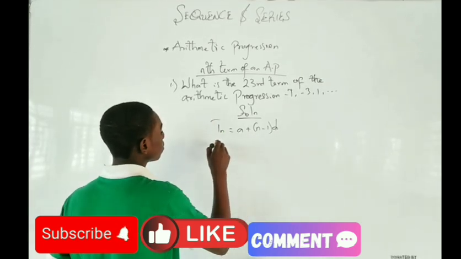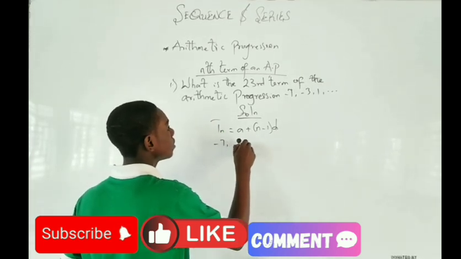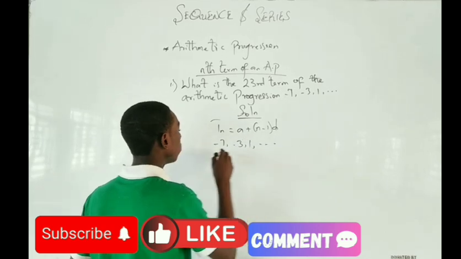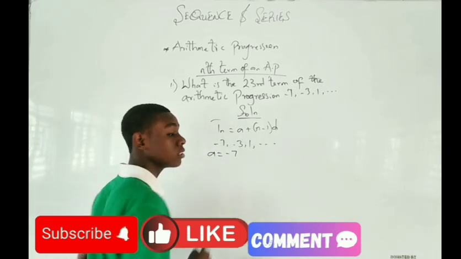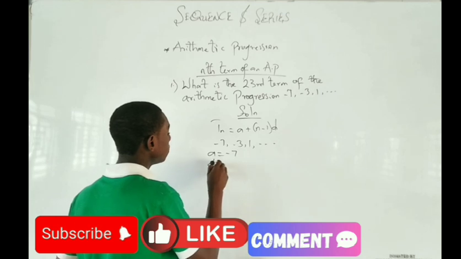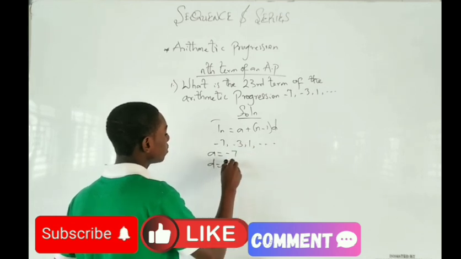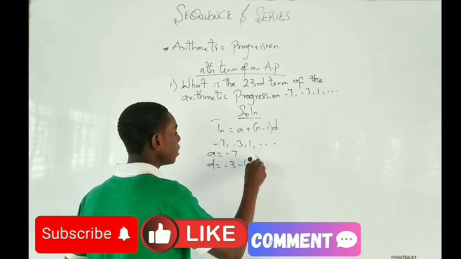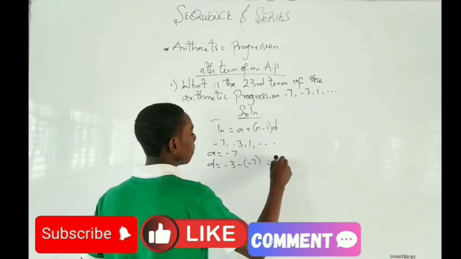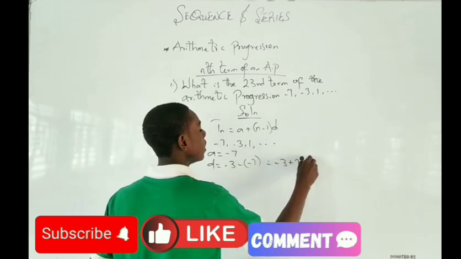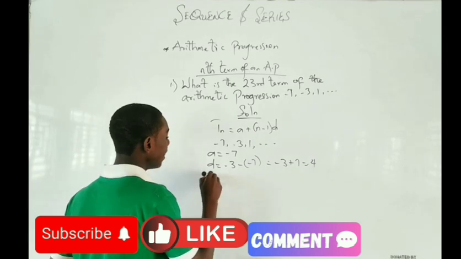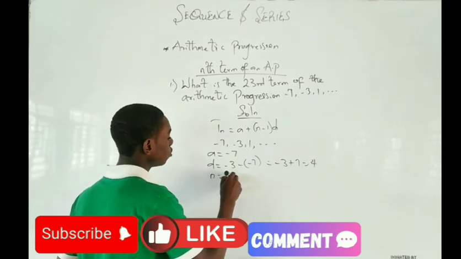So my A is minus 7. My D will be the difference between minus 3 and minus 7, so minus 3 plus 7, that is 4. And my n is the number of terms, that is 23.